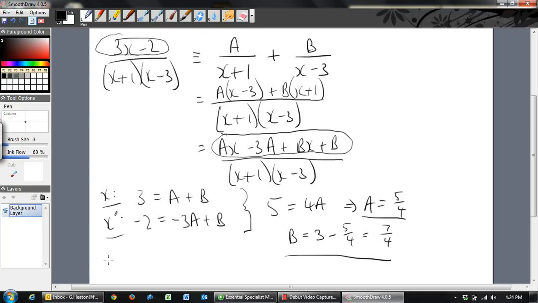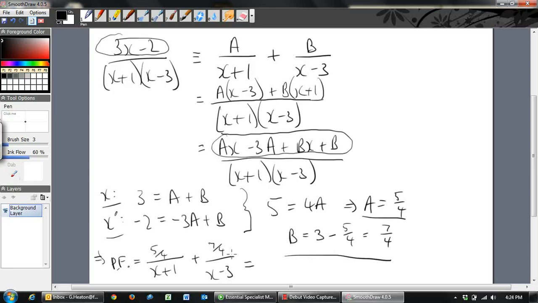I've run out of space once again, I'll try to jam it in. So therefore, our partial fraction is equal to a over x plus 1. So, should I go to a new screen? No, because I forget all my numbers. 5 quarters, that's a over x plus 1, plus b is equal to 7 quarters over x minus 3.